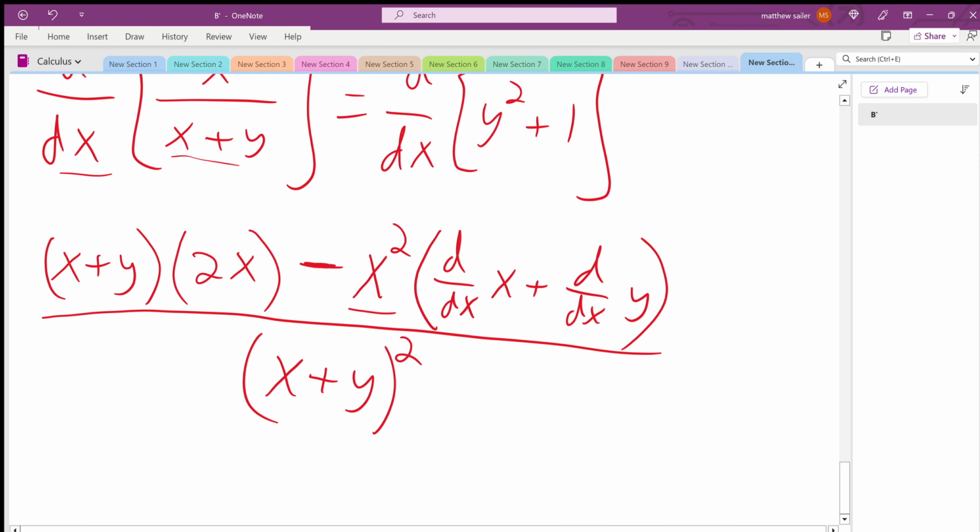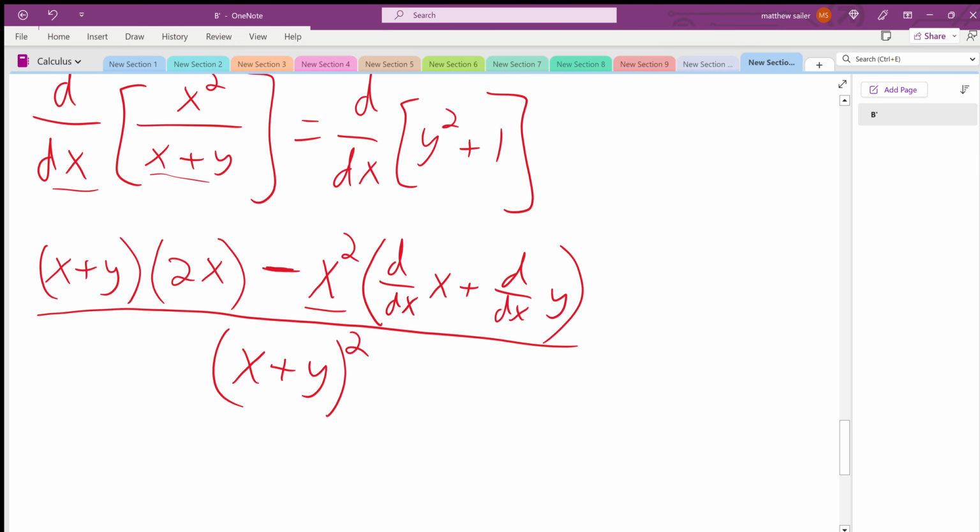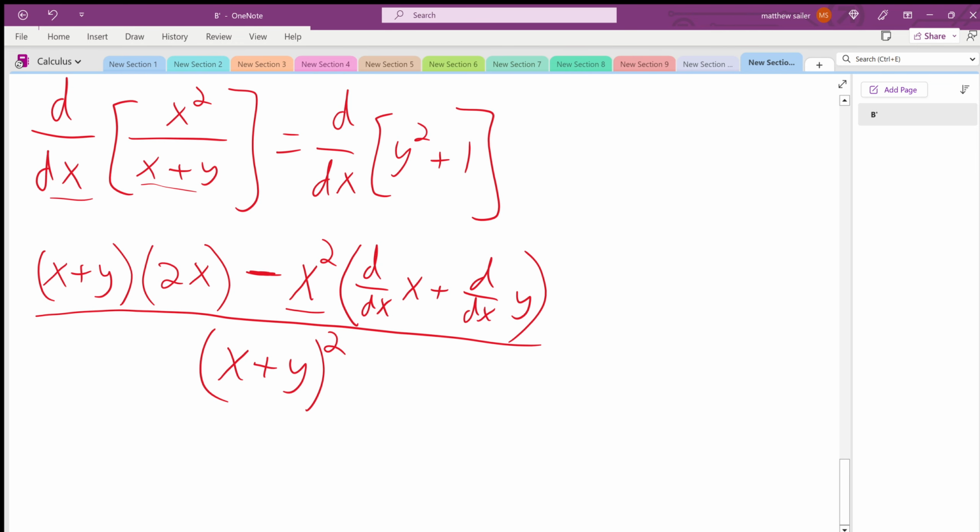And if you ever forget these rules, you can just look them up in a derivative table. The only reason I remember it is I use it so often in my studies that it's second nature to me now. But we did the bottom times the derivative of the top minus the top times the derivative of the bottom, divided by the bottom squared.